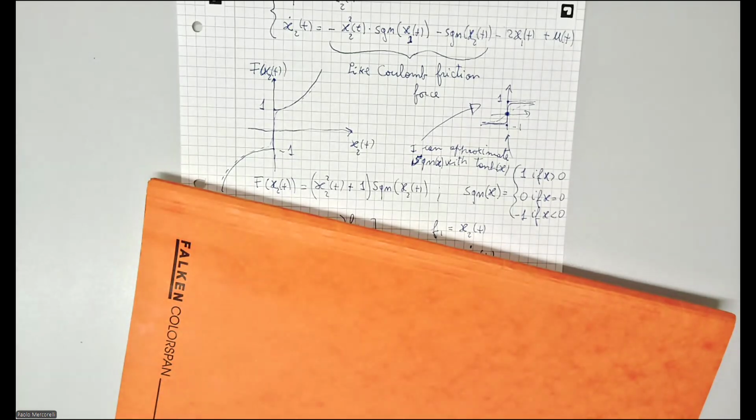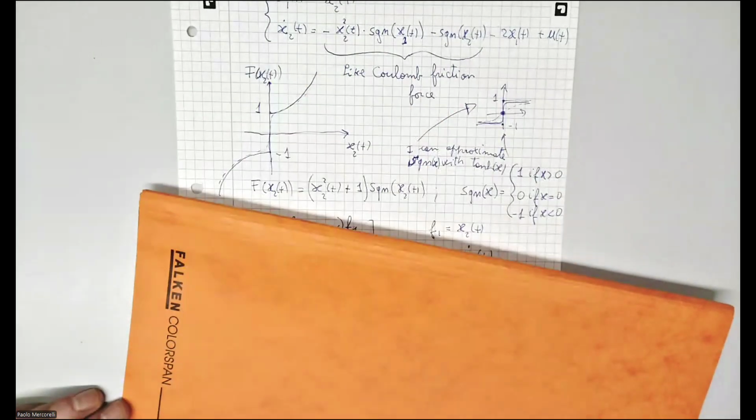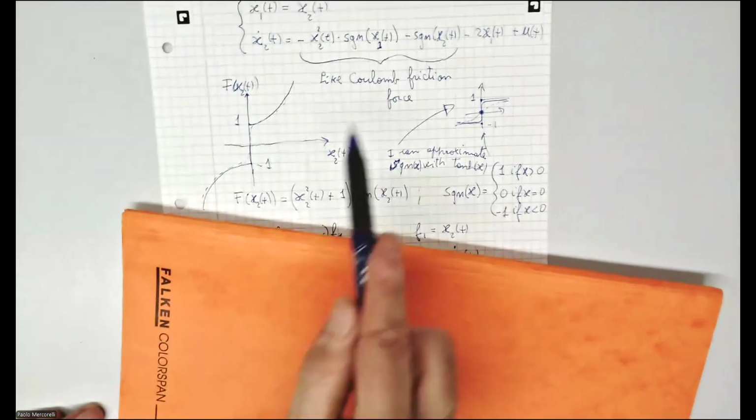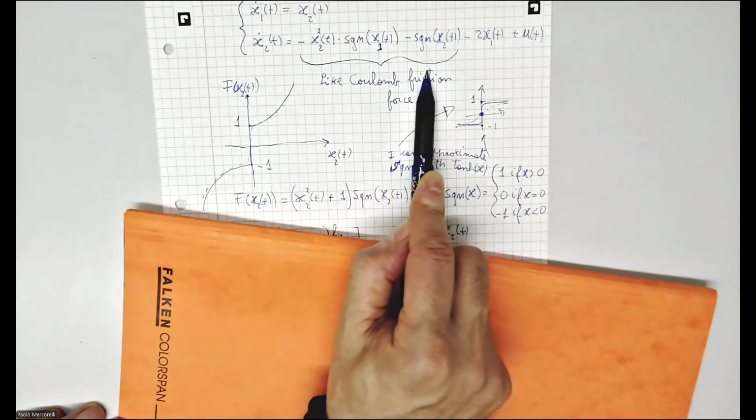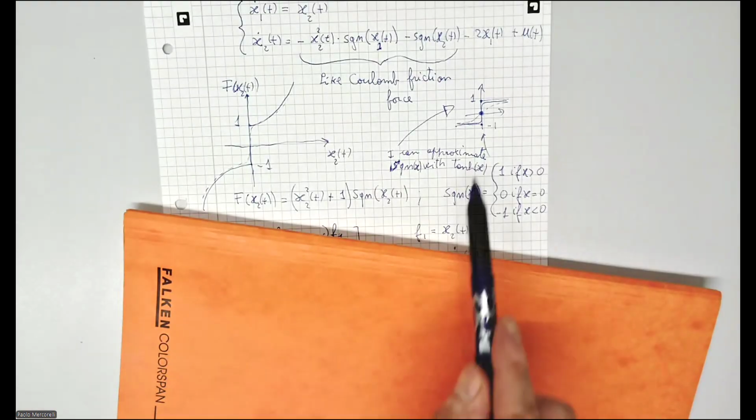For instance, in sliding mode control, we introduce in the controller a friction, an artificial friction, again in order to stabilize, in order to limit the output. Of course, it's an artificial friction in the sense it's not a physical friction, but it's something which the controller introduces with the same effect, in order to brake, in order to stabilize.